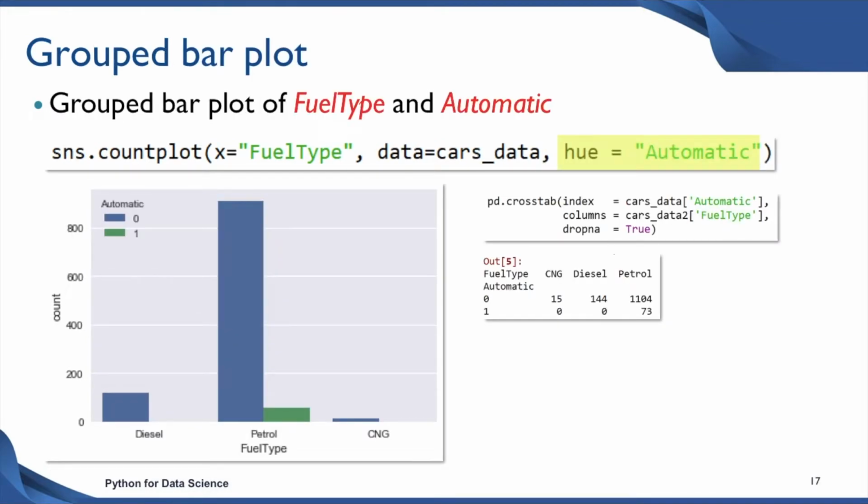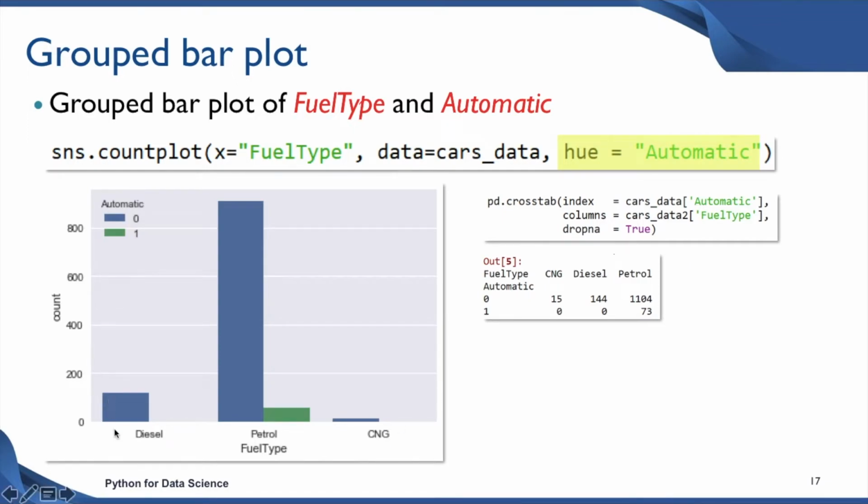And if you wanted to group the bar plot according to the hue factor, so what is this hue factor? You wanted to check how many cars are there according to the fuel type, and also segregate out how many cars are there for manual and automatic.